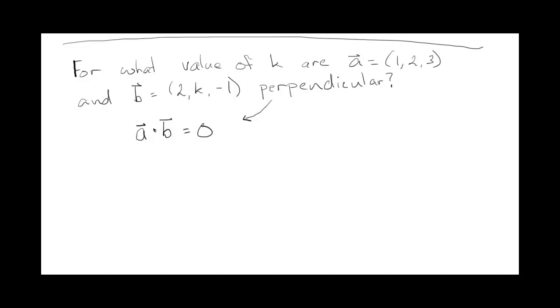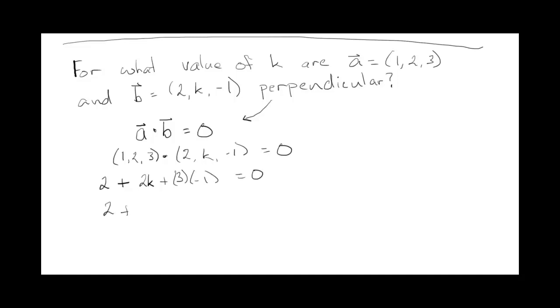Okay, so all we have to do is the dot product of a and b. So a was 1, 2, 3, dot product with 2, k, -1, and that should be equal to 0. So to calculate the dot product, we multiply the x's. So that's 1 times 2, which is 2, plus multiply the y's. So that's 2 times k, which would be 2k, and then 3 times minus 1, which would be minus 3.